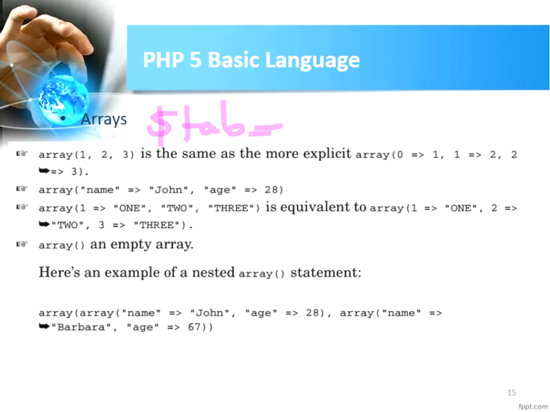So we write, for example, $tab equal, after that array, and here we use 1, 5, 6.